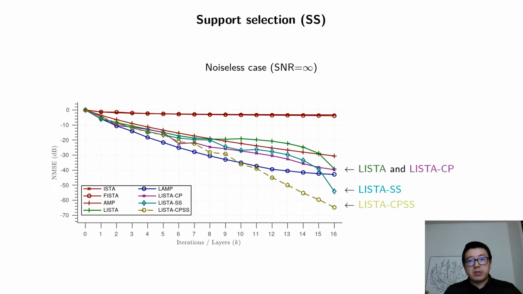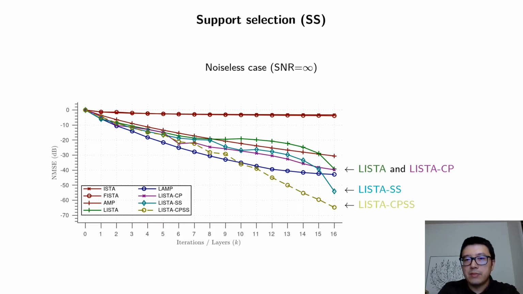Now let's add support selection, and this is the noiseless test. Therefore, the signal to noise ratio of the measurement is infinity, and we are able to reach a lower dB on normalized mean square error. At the bottom is LISTA coupling with support selection, and this is LISTA with support selection.